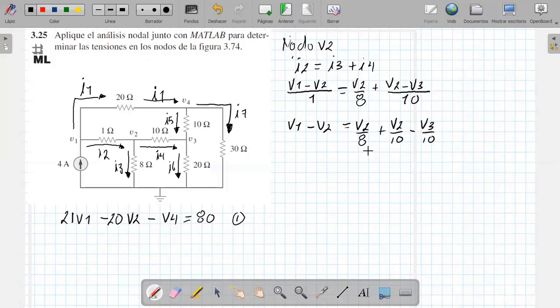I'm going to move all of this to the other side of the equal sign, toward the left.